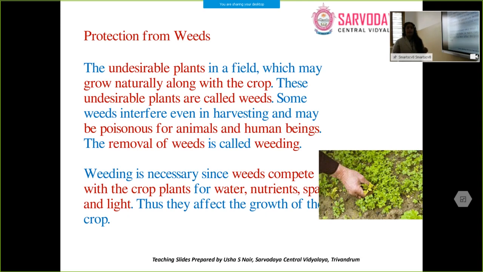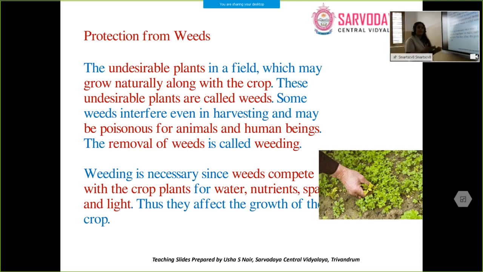Now, what is weeding? They can ask, define weeds and what is weeding, or define weeding. The removal of weeds is called weeding. You can see the image I've shown there, of unwanted plants that just grow naturally along with the crop.